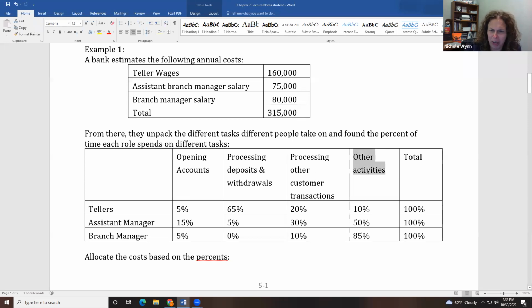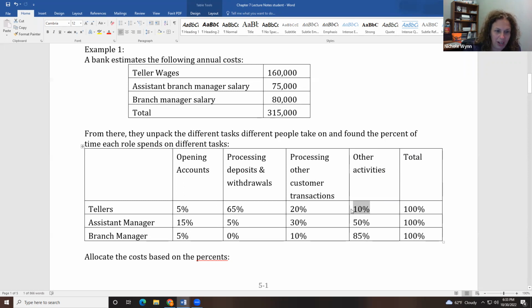In my mom's world, she actually balances people's checkbooks. I can't believe she still does that, but she has some older customers for whom she just goes through and balances their checkbooks. That's amazing. The branch manager spends a lot of time doing other activities, whereas the tellers spend most of their time dealing with the one-on-one stuff.